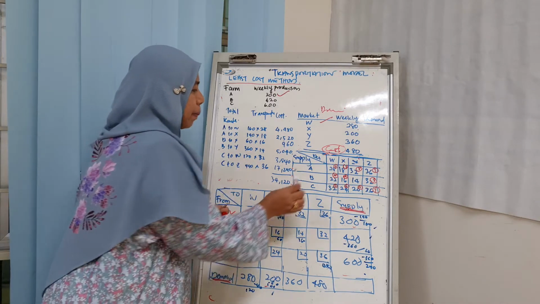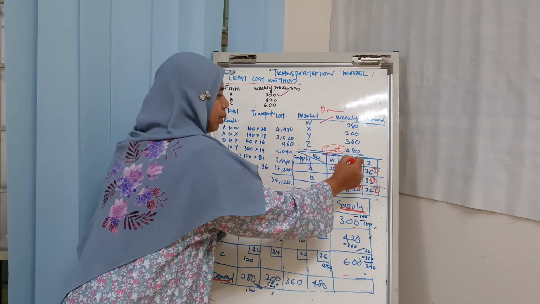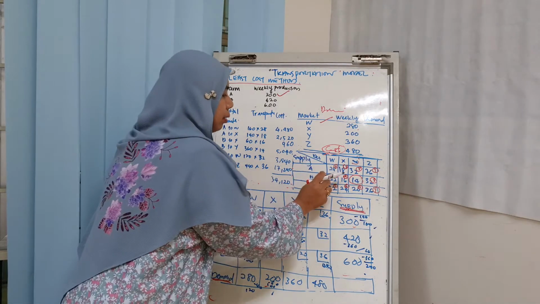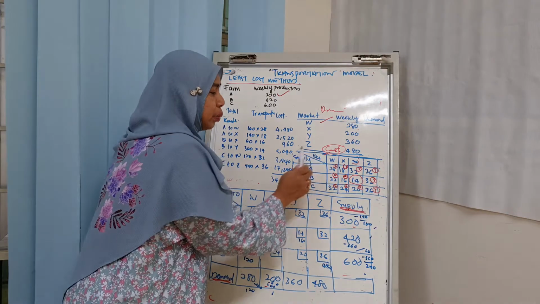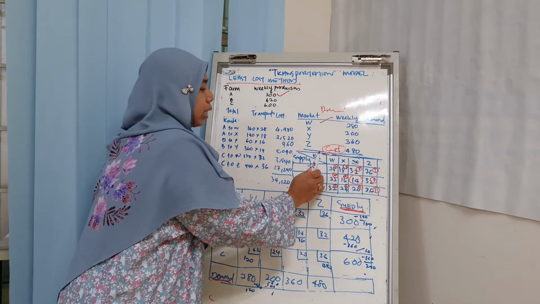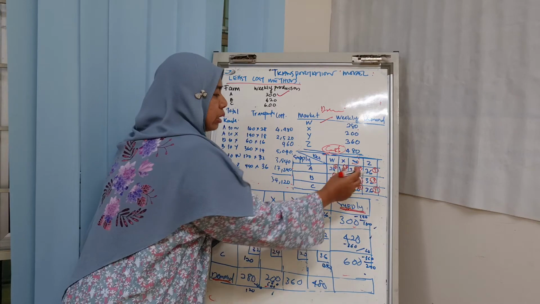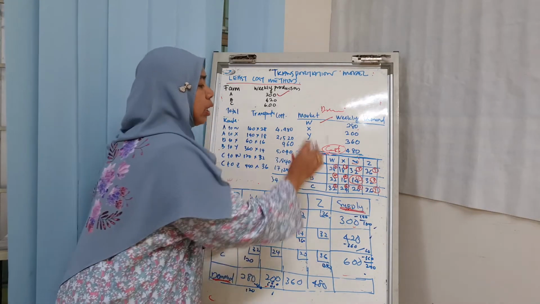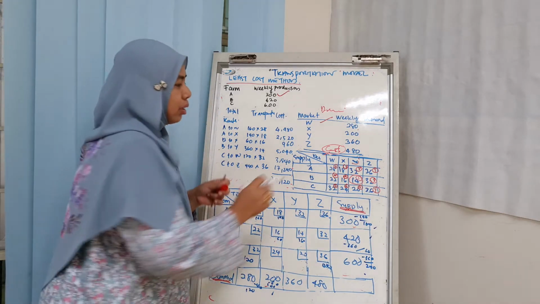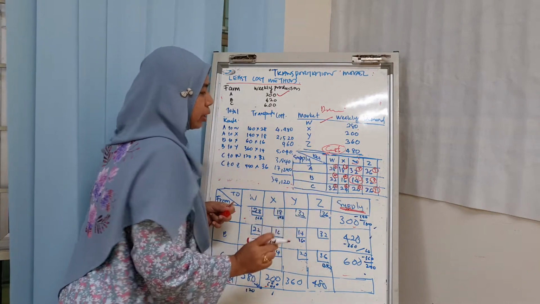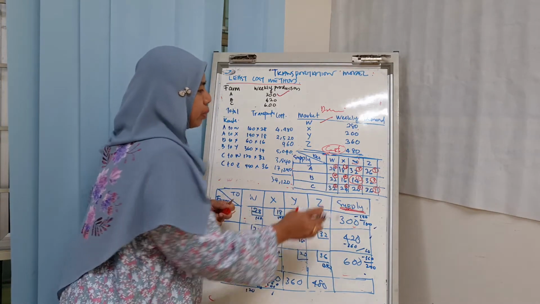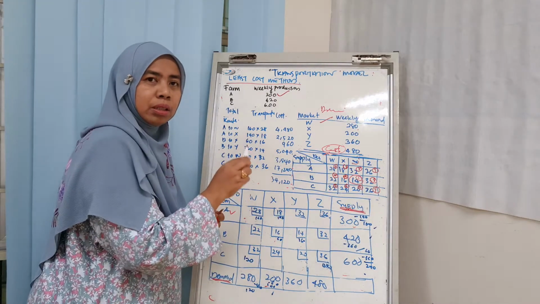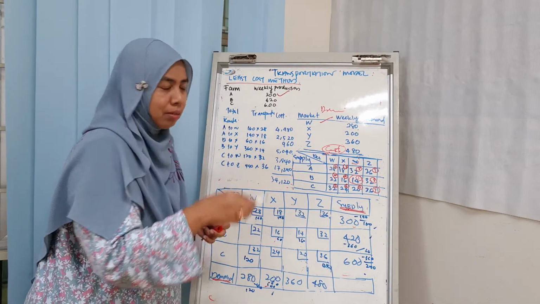You see that B to Y is 14 ringgit. So B to Y is the first, we put number 1 as the lowest cost. Then number 2 is 16 ringgit, number 3 is 18 ringgit. Just put numbering by the ranking, okay?